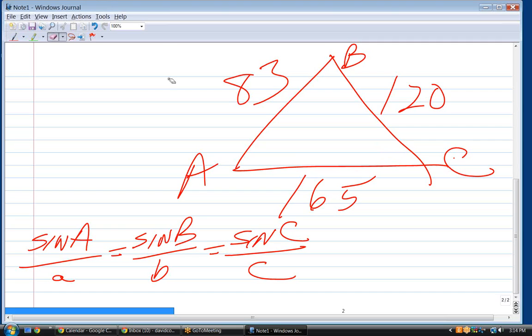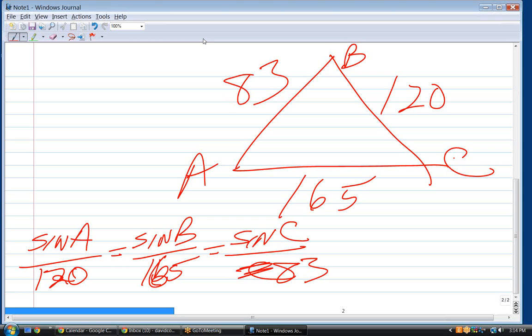In other words, if I look at this triangle here, the sine of A with relationship to 120, its opposite side, has to equal the sine of B with relationship to 165, has to equal the sine of C opposite 83. Okay, so that's the law of sines.